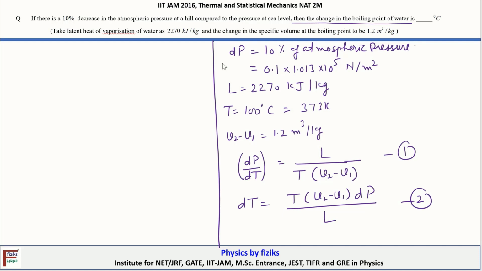Now we just have to make the substitution for all of these parameters which I have written earlier.